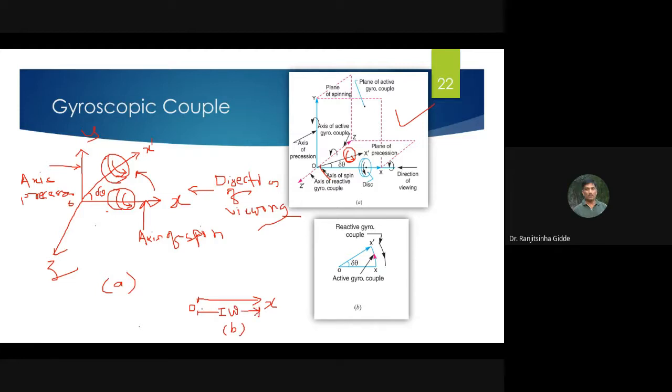This is the angular momentum vector. It is shown here also, but you should write this.